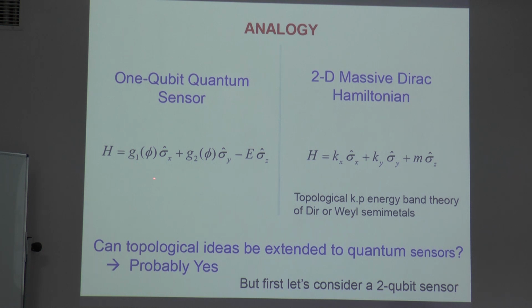Well, I looked at this one qubit quantum sensor. This is the Hamiltonian. Now, of course, all 2 by 2 matrices can be written in terms of these Pauli matrices, but that's not the point. The point is that I've motivated it by writing an interaction which is physically plausible. That's the idea behind this.